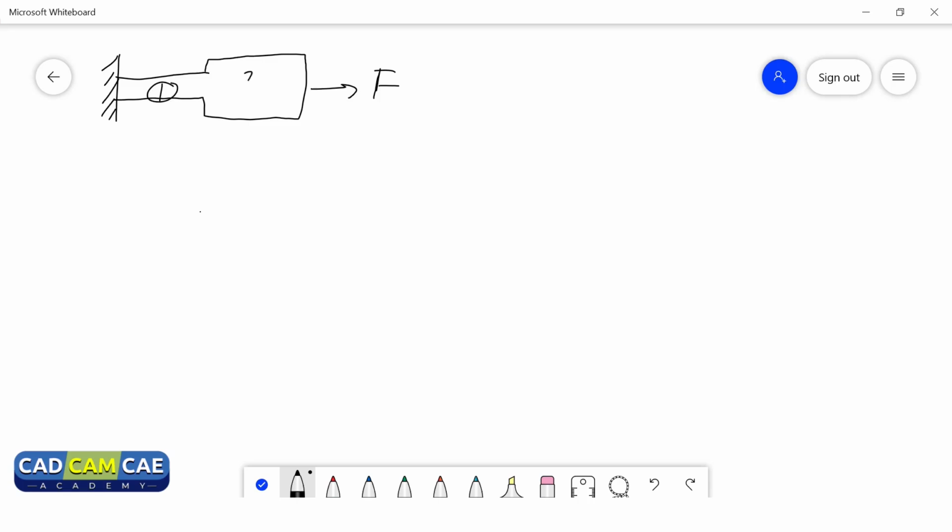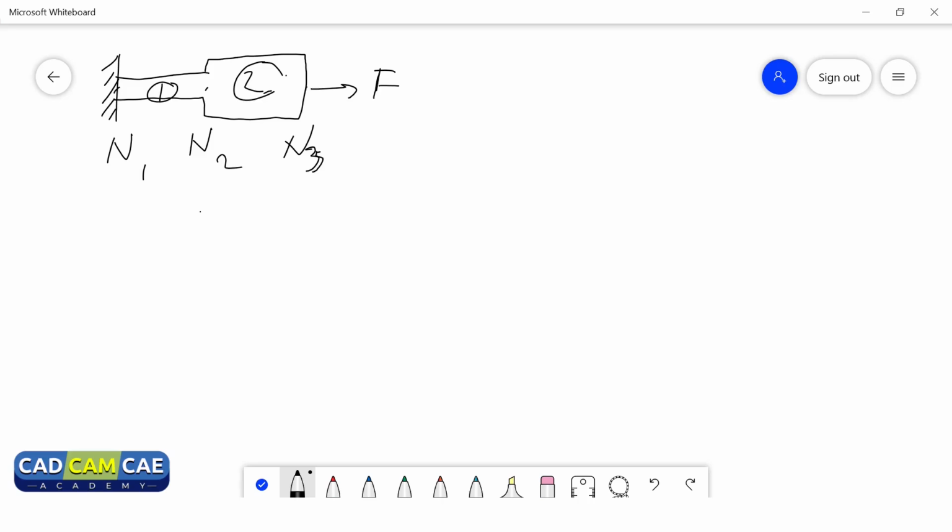Suppose this is 1, this is 2. Okay, so how many elements are there? There are 2 elements, and the number of nodes: this is 1, this is 2, this is 3, n1, n2, n3. Okay, so there are 3 nodes. So nodes will always carry mass.